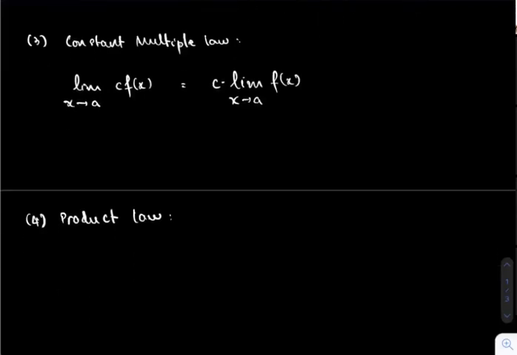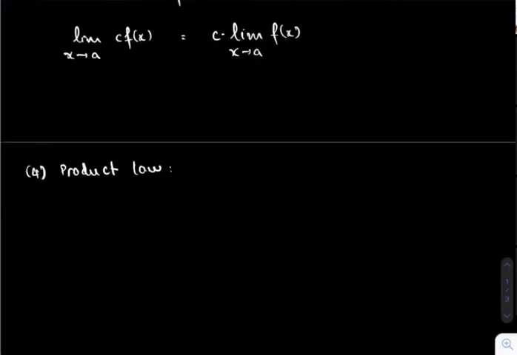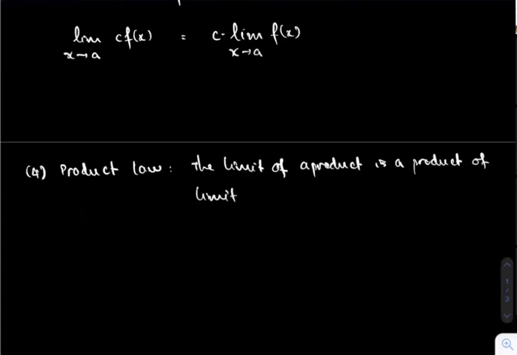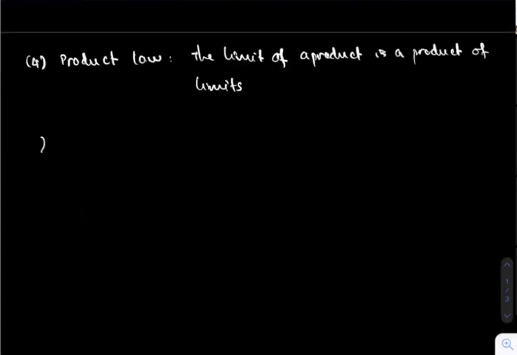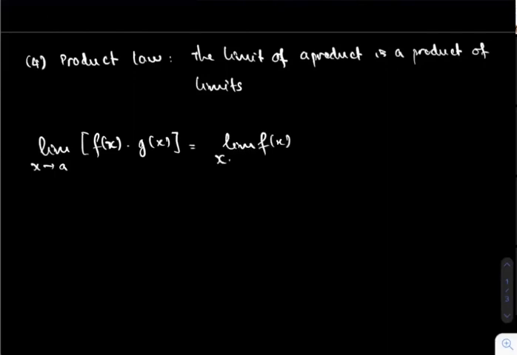For the product law, the limit of a product is the product of the limits. For example, the limit of f of x times g of x as x approaches a is equal to the limit of f of x as x approaches a times the limit of g of x as x approaches a.